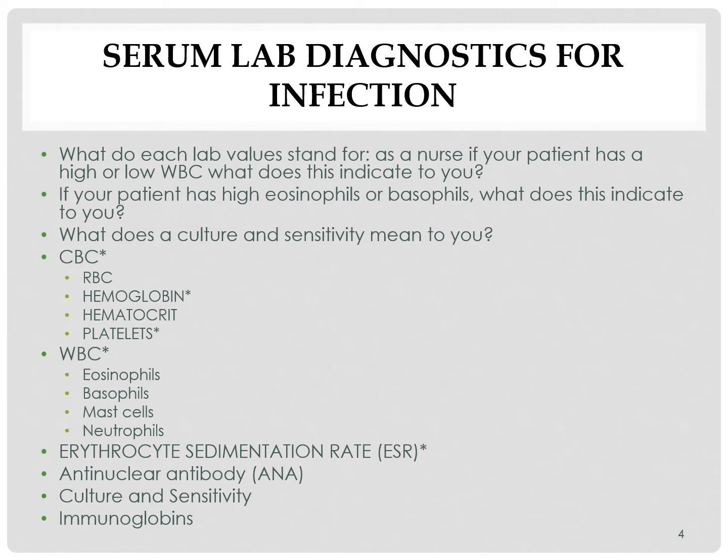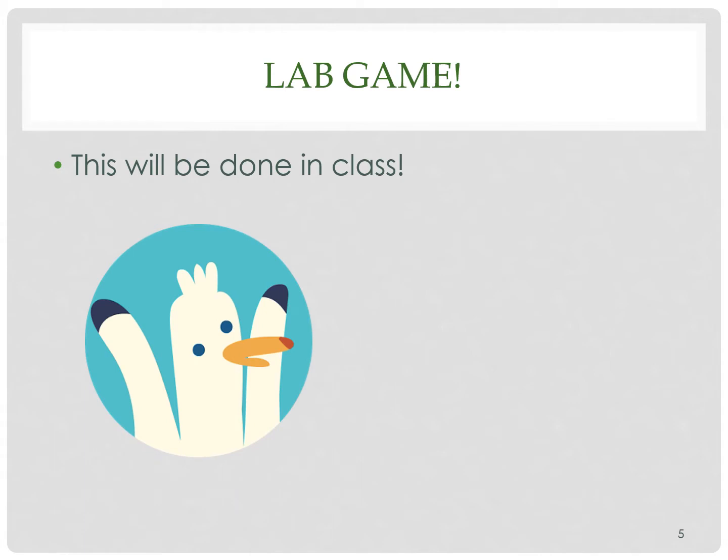So I just want you guys to understand that concept. And then I'll have a couple activities for us in class. See, there it is, lab game, and we'll be doing that in class. Like I said, you don't have to memorize them, but just understand the basic concepts of why my patient is going to have an increase or a decrease of some of those labs that I mentioned.